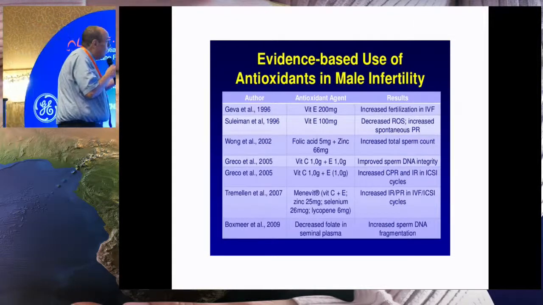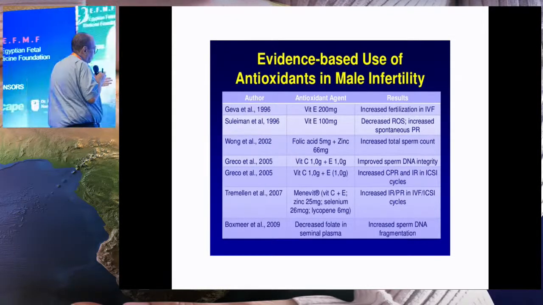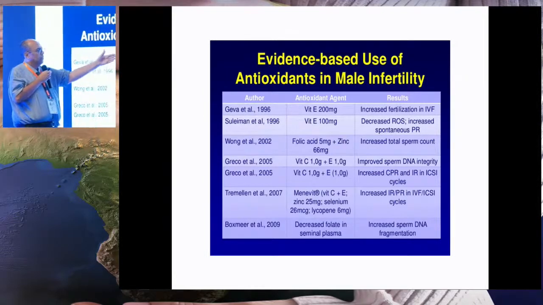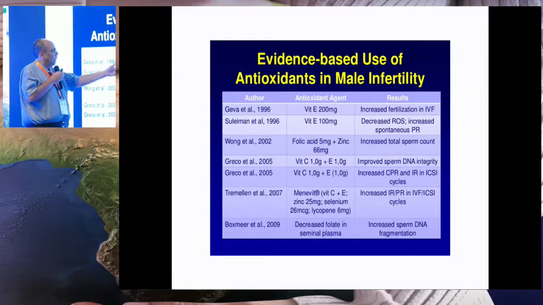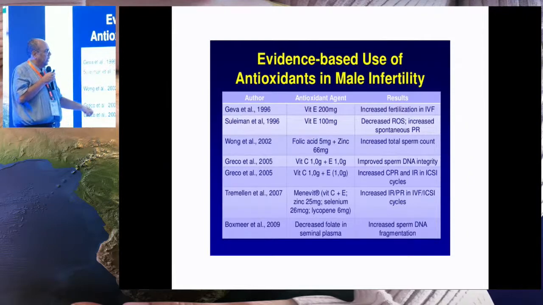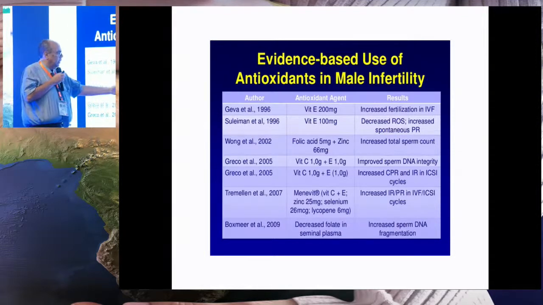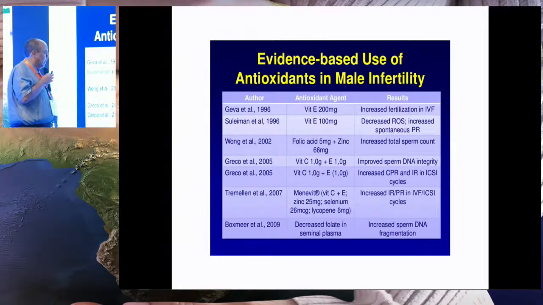Now, is there evidence? I know these are a little bit old, but some people found vitamin E in males improved IVF. Vitamin E in males increased pregnancy rate. Folic acid and zinc, sperm count is getting better. Vitamin C, vitamin E boost sperm DNA.